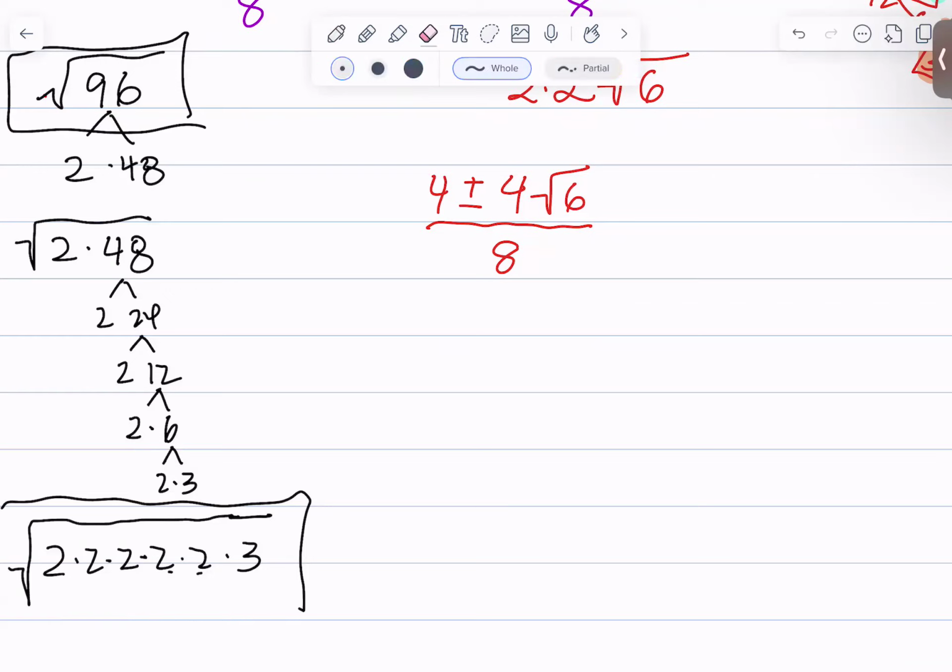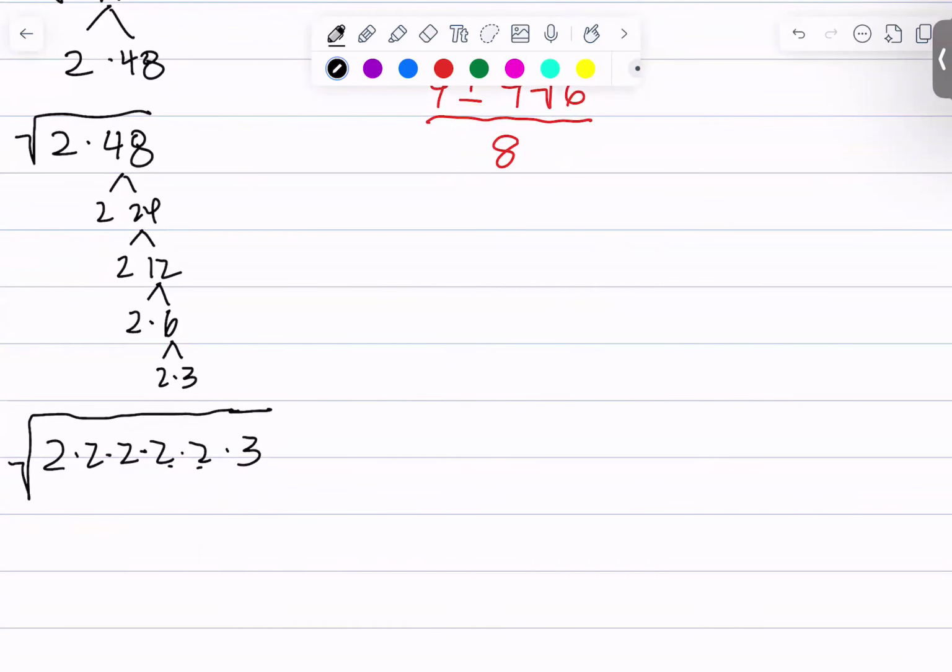Now, if we have 2 times 2 times 2 times 2 times 2 times 3, in order for us to get out of the square root, we need pairs, because pairs would create a perfect square. Meaning, what's the square root of 4?